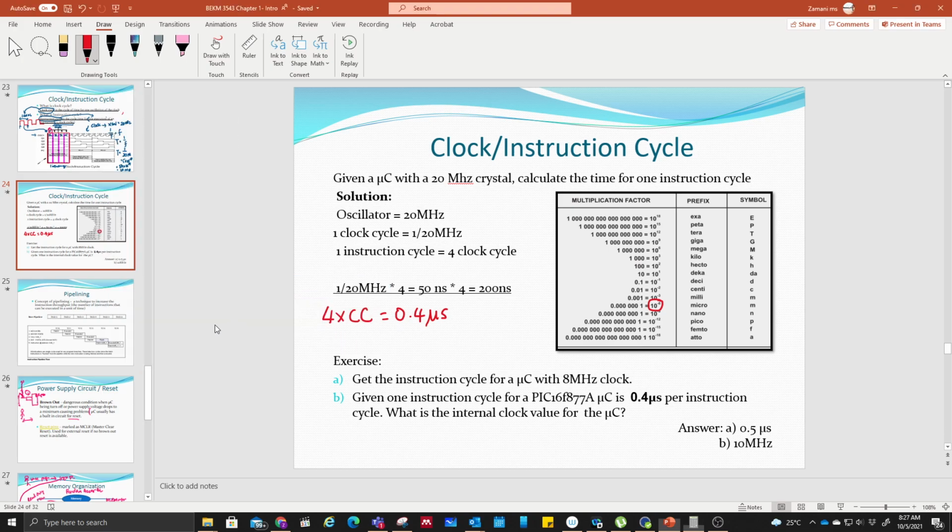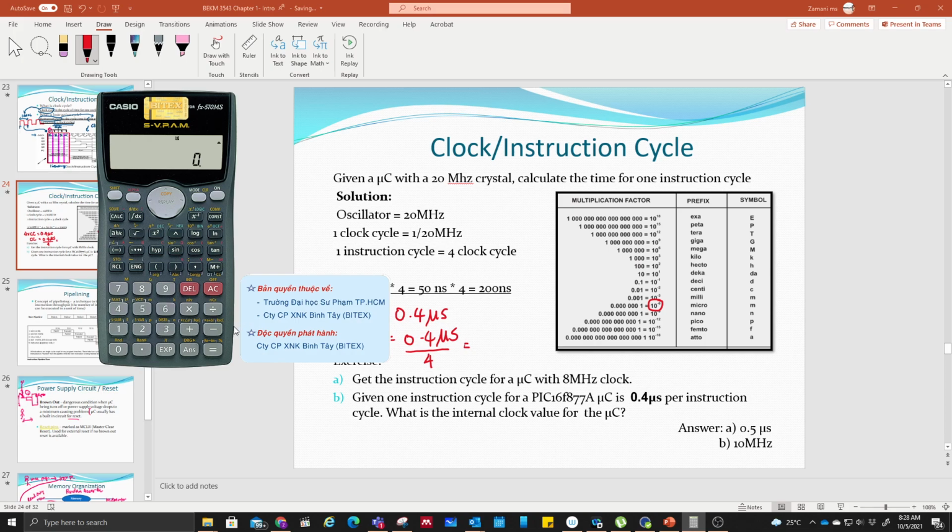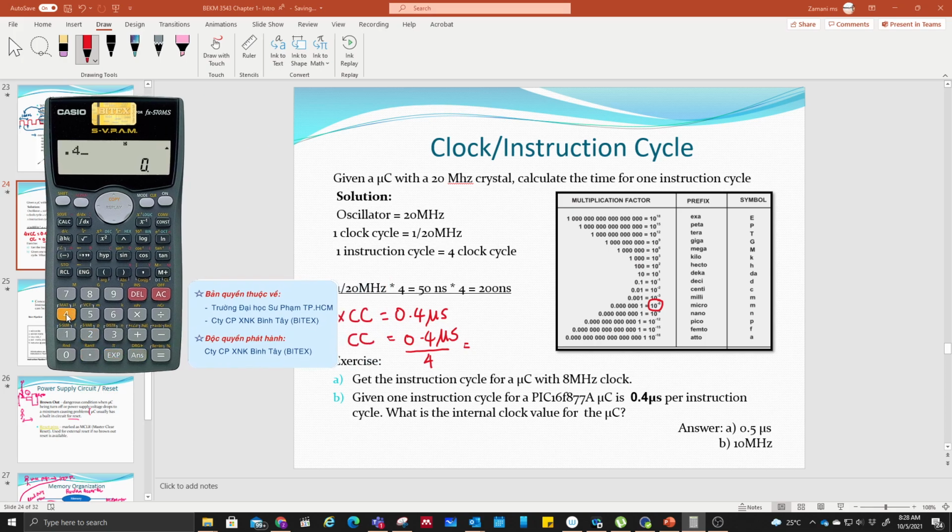And then you can find it from this. You can know that the clock cycle is equivalent to 0.4 microseconds divided by 4. That is the clock cycle. So you can try to use your calculator. 0.4, micro is here, divide by 4. That is the value for the clock cycle.